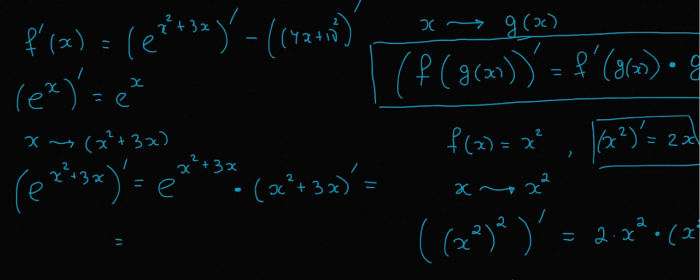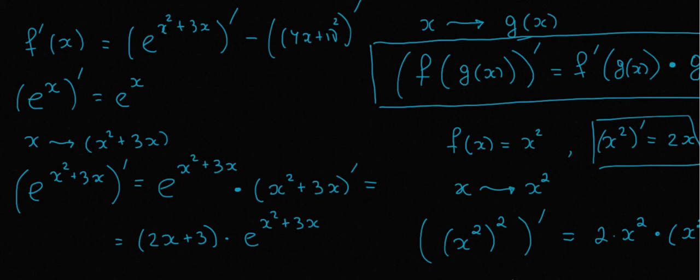I'm going to write the derivative of x squared plus 3x first. It's 2x plus 3 times e to the power x squared plus 3x. Okay, great. So this is the derivative of the exponential term.